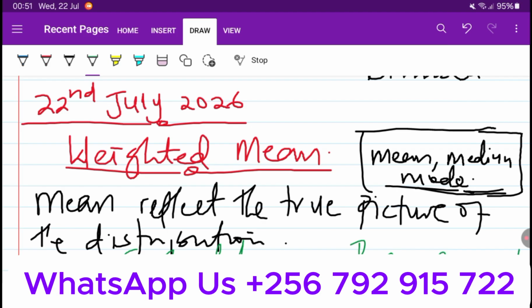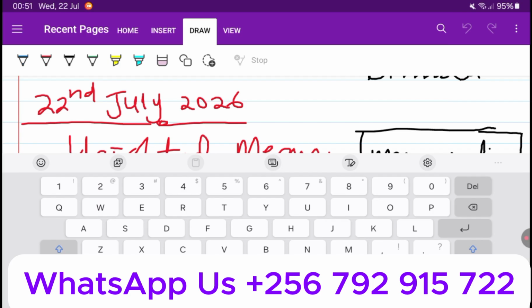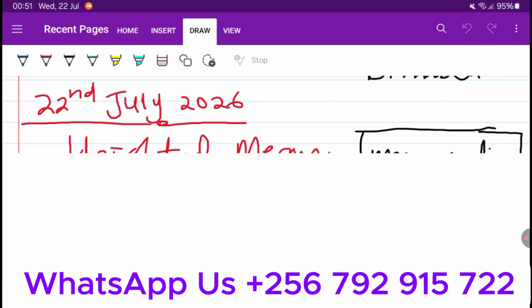If you're looking at the basic necessities that we have utilized in a particular year, you can't use the mean to give you a good picture of the basic necessities that you have used in a given financial year or in a given particular year.